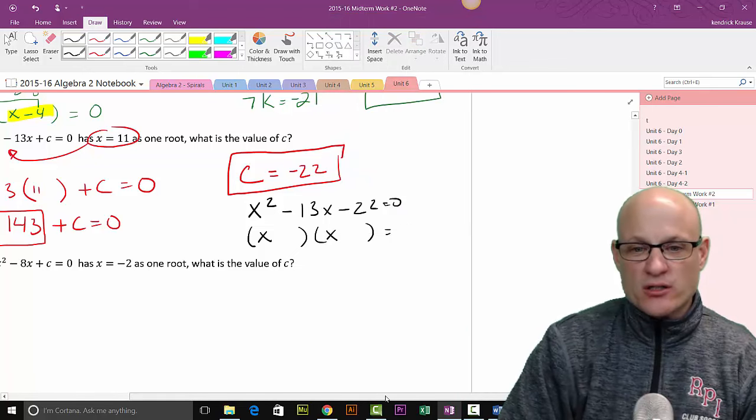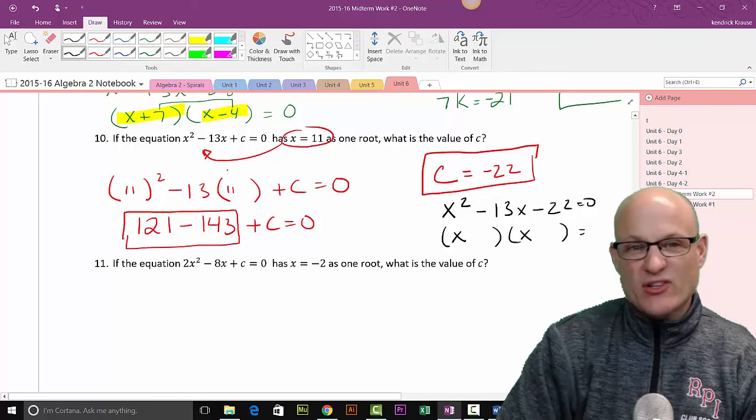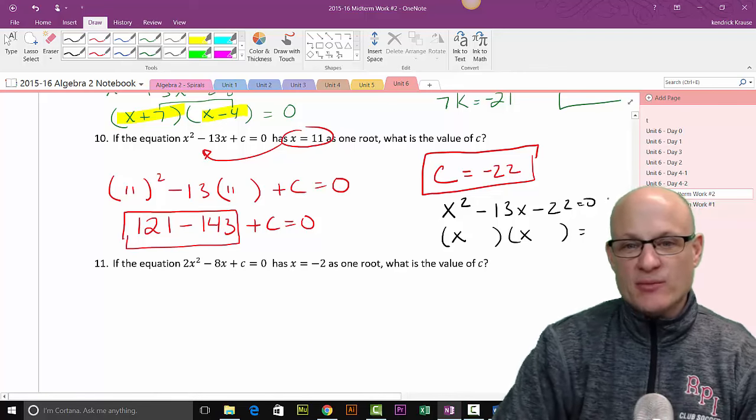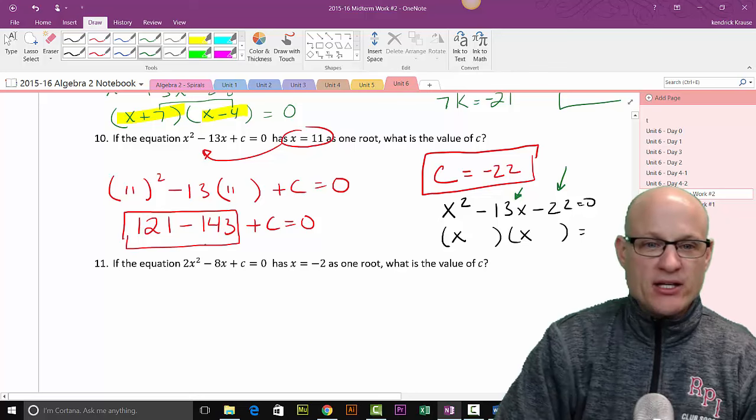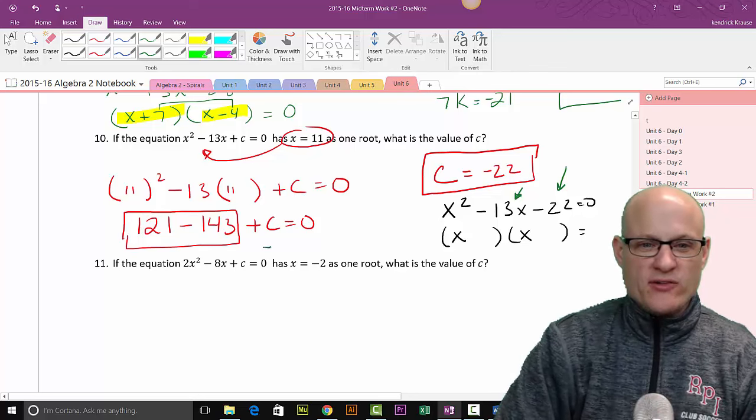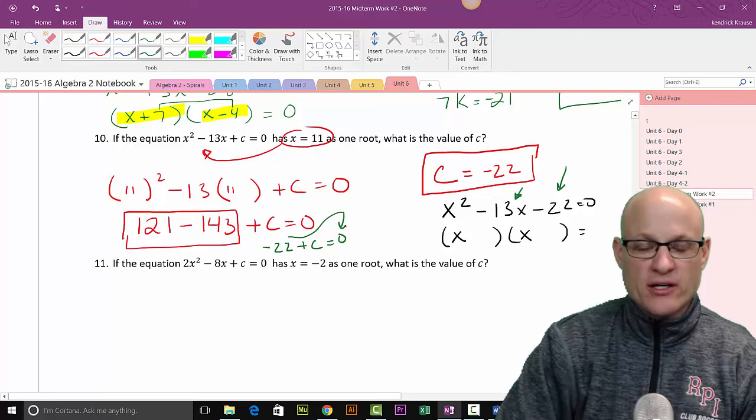That doesn't work. So let's go back and see where we made our mistake. We skipped steps and we made a mistake. See, sometimes I like to go back and check because I can't multiply to negative 22 that adds up to 13. Okay, it just doesn't work. So when I come back here and I look at my work, I say, okay, this is negative 22 plus c equals 0. Well, wouldn't I bring this over here and check?